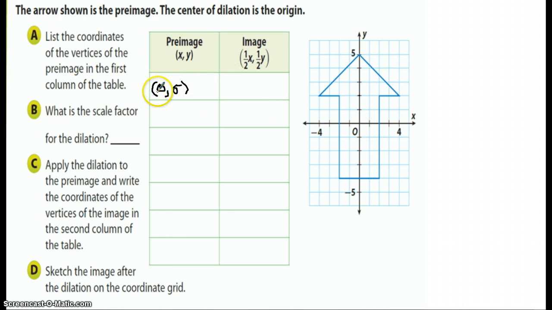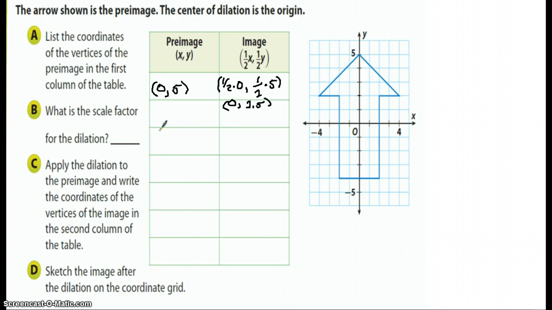If I multiply 1/2 times 0, comma 1/2 times 5, that's how we're going to get our image. 1/2 times 0 is 0, and 1/2 times 5 is 2.5. So that's how we get our first one.